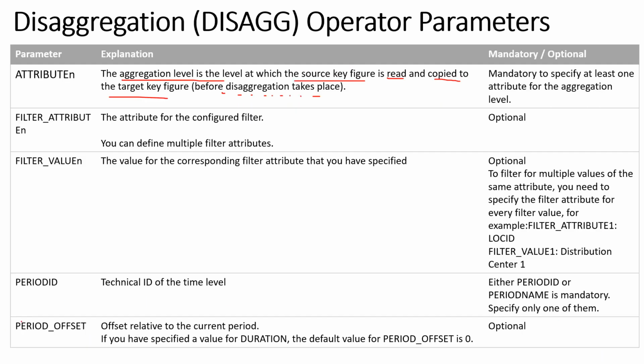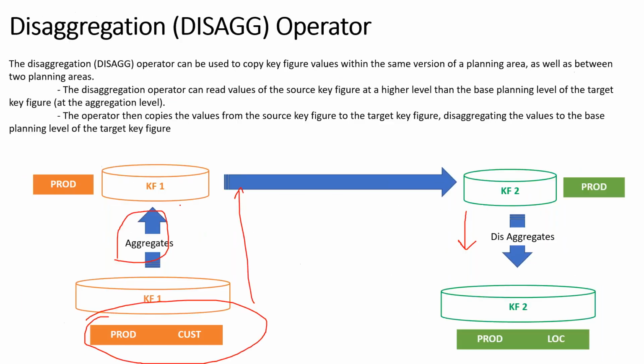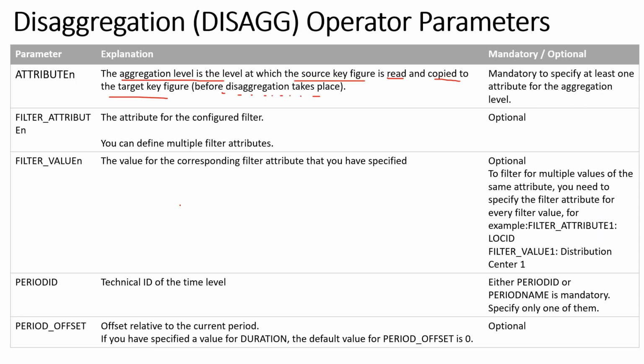And then the other attributes like filter underscore attribute, this was for filters, like you can copy this operator only for a filter. So the same is also there for copying. In the operator configuration itself, you can specify a copy operator with a particular filter. For example, let's say there is this demand, again copying from customer to location.